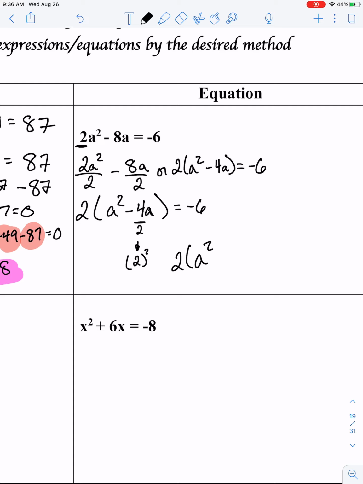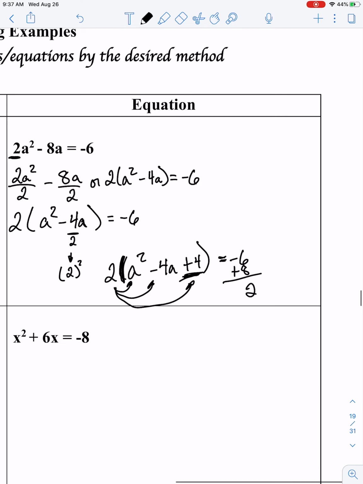2 times a squared minus 4a plus 4. Now be careful here, because I added 4, or what looks like 4, to the left side. I would also add to the right side. But notice how it's in these parentheses, which this 2 is outside, which really goes to everything. So it's going to really be an 8. Okay, so I'm going to add 8 to both sides. Excuse me, a positive 2.